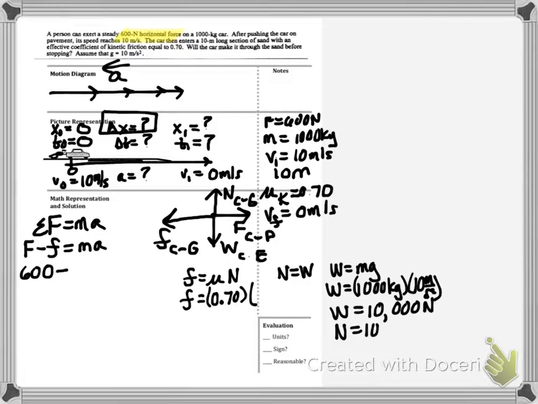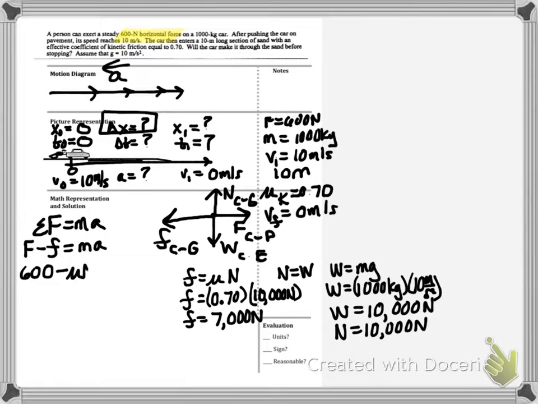That means the normal force is 10,000 newtons, not because they're always equal, but because my free body diagram in my situation supported that. Multiply that by 0.7, that would be 7,000 newtons. And you can plug that number in there for script F, friction.